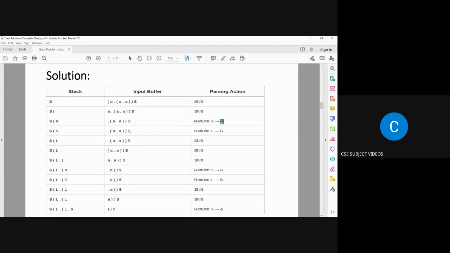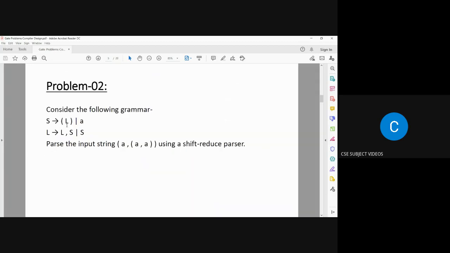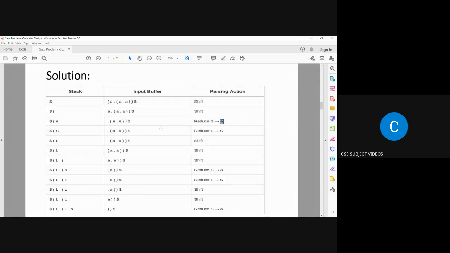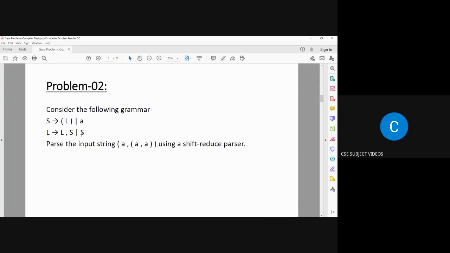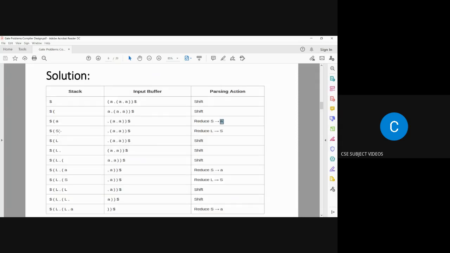Okay, with this step what we will do, shift operation or reduce operation. Again we can do reduce operation because according to our problem l tends to l comma s slash s. According to the second production, l tends to s.